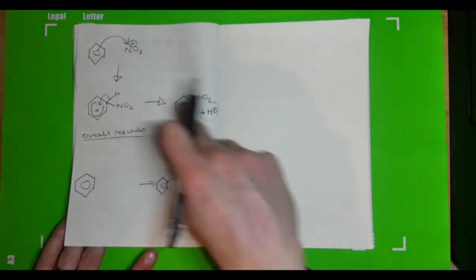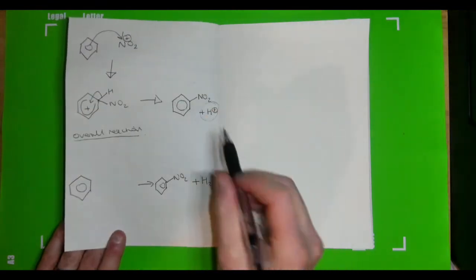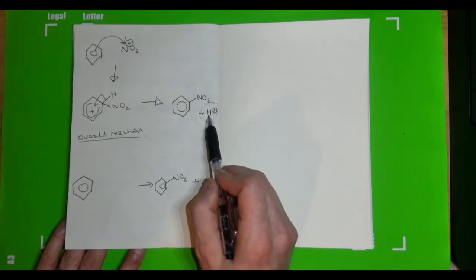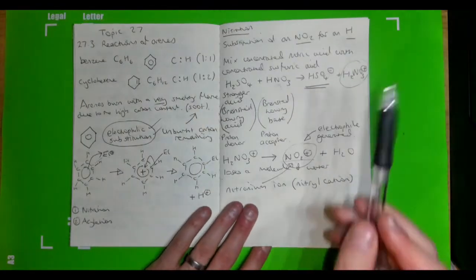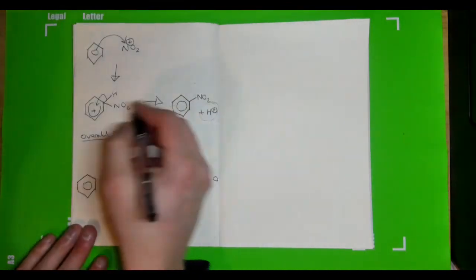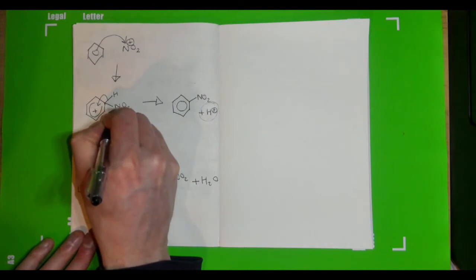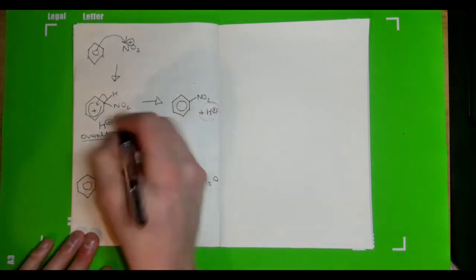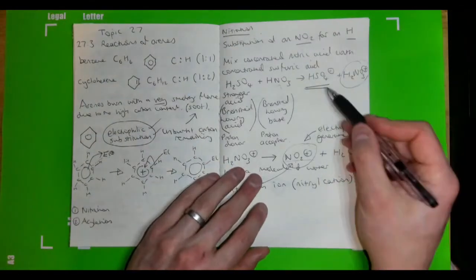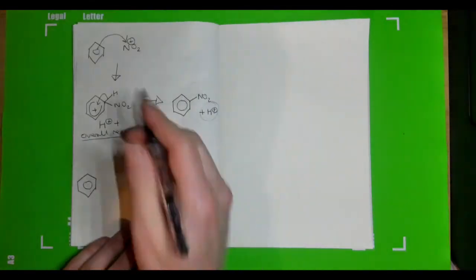It isn't used in this step. But what happens is, the H plus, which is produced in the final step of the mechanism, reacts with this HSO4 minus. So H plus here reacts with the HSO4 minus.